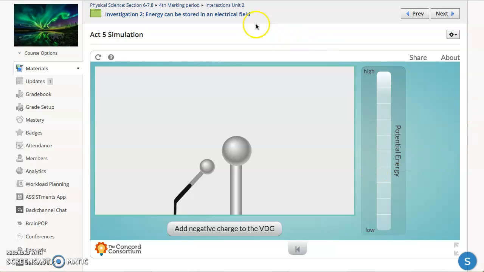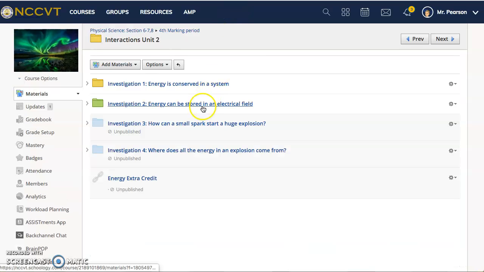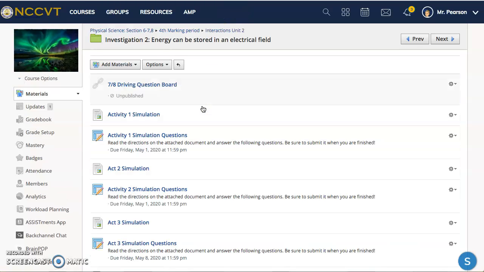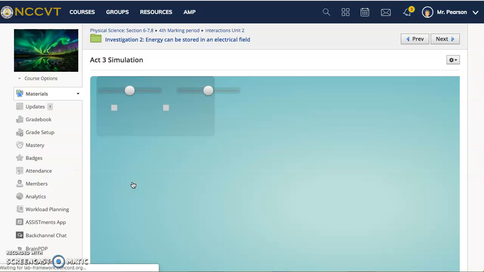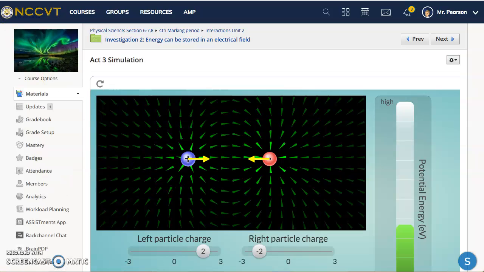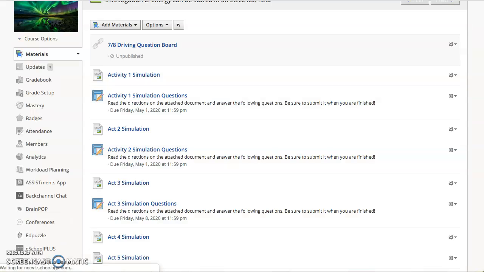So, looking back on investigation 2, a couple of things. In activities 1, 2, and even into 3, we're talking about how the higher the forces, the more energy that's going to be associated with them.